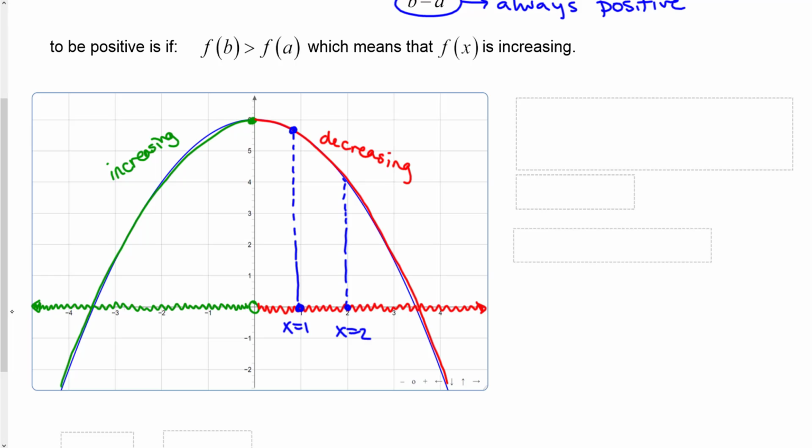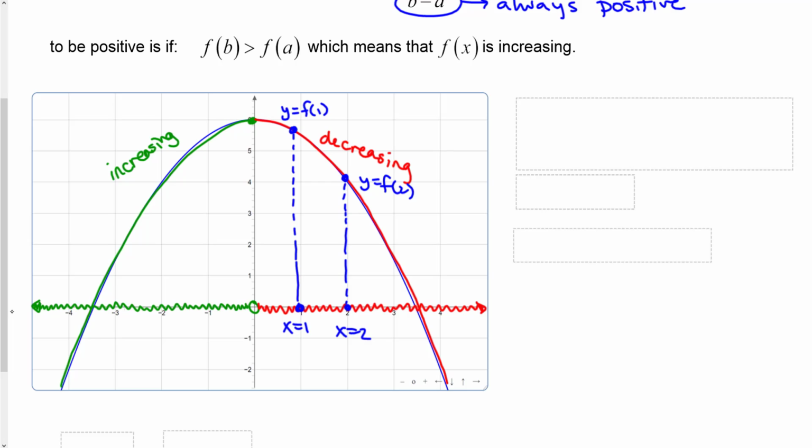Up here, this is y equals f of 1. And right here, this is y equals f of 2. Now, to be perfectly honest, I'm not so much worried about what the value of f of 1 is or what the value of f of 2 is. Looking at the graph, f of 1 is approximately 5.7 maybe, and f of 2 is approximately 4.2. It's hard to really be very accurate there.